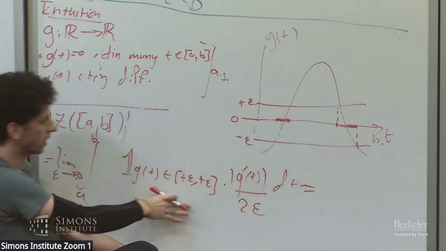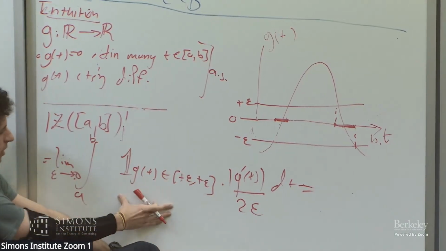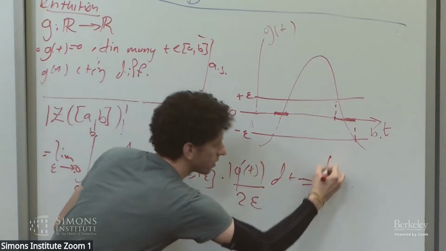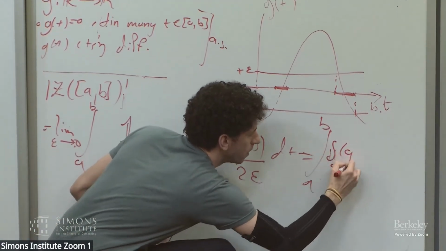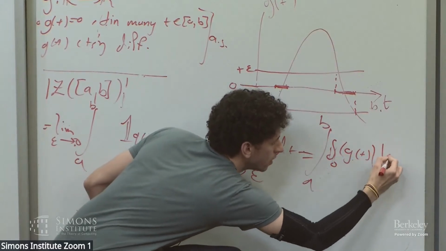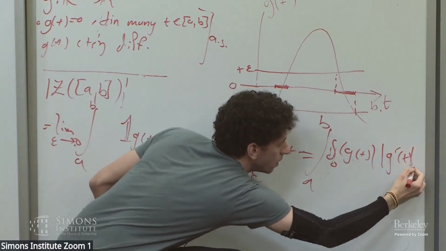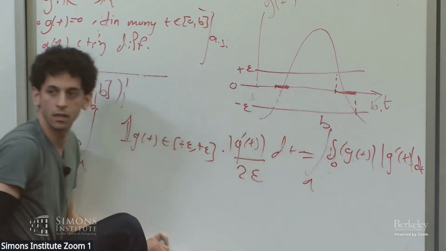I'm in the electrical engineering department at Stanford, so whenever I see something like this, I immediately write it as a delta function, delta_0 of G(t). Okay.